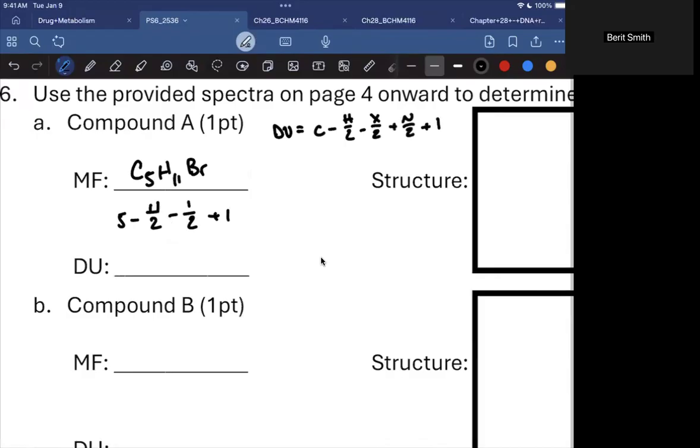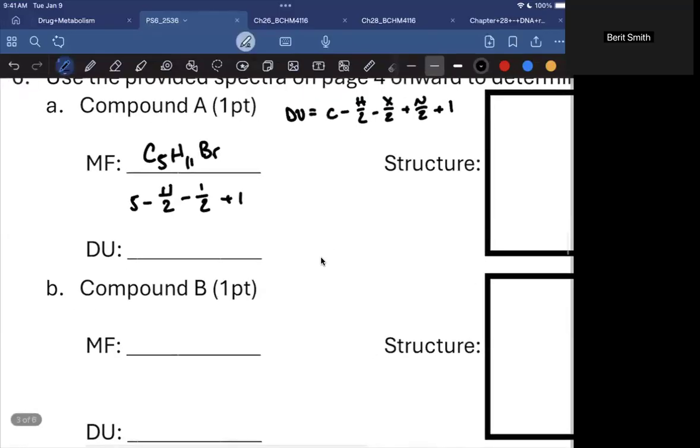And there's no nitrogens, but there is a halogen. So don't forget about that when you're calculating the DU because we don't use oxygen in the DU, so sometimes it's easy to just not worry about any of the other atoms and just do it based off the carbon and hydrogen. But yeah, don't forget about this bromine here. So that's going to give us a DU of 0.